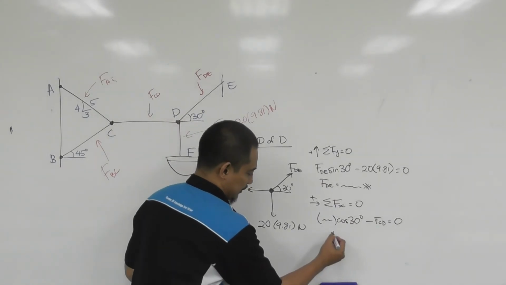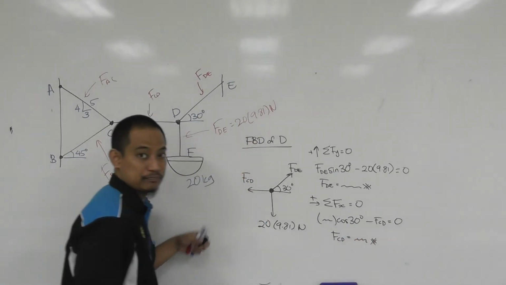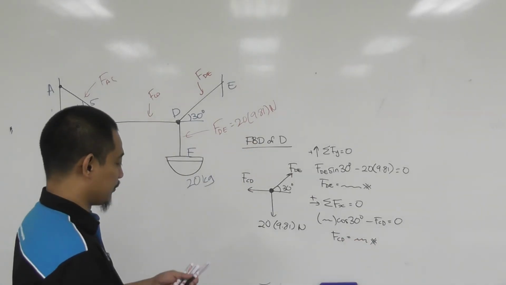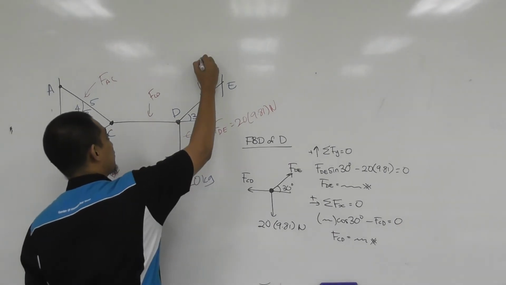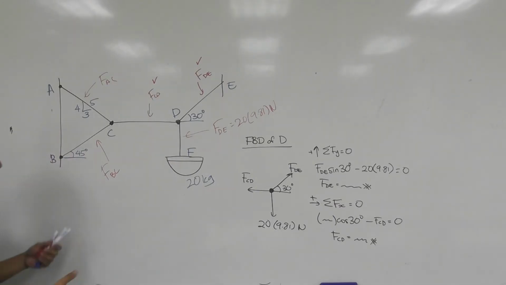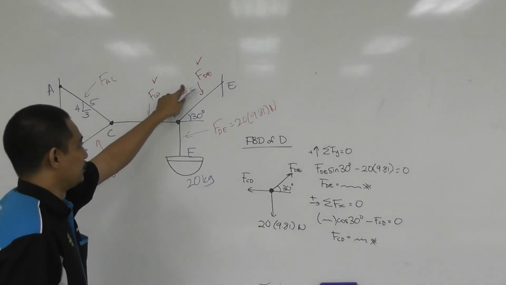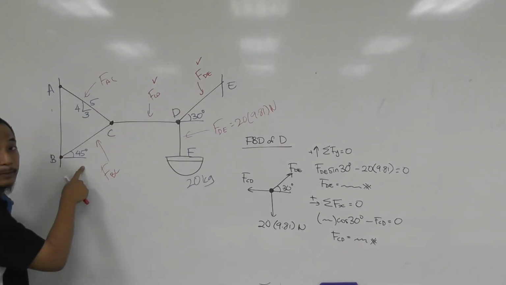Then you can calculate straight away FCD equal to something, right? So right there you have already solved for FDE and FCD. After you solve that one, then obviously this becomes known, and you can go for this free body diagram, you can solve for this one and this one, right?